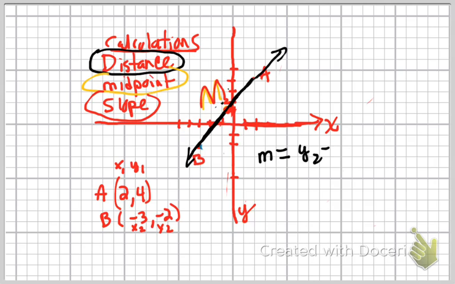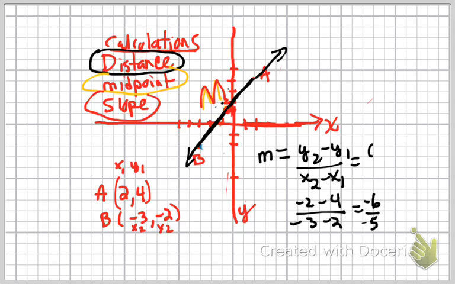So y2 minus y1 over x2 minus x1. Okay, so then negative 2 minus 4 over negative 3 minus 2. If I keep crunching that out, well, that's negative 6 over negative 5. Negative over negative is a positive, so I know the slope is 6/5.